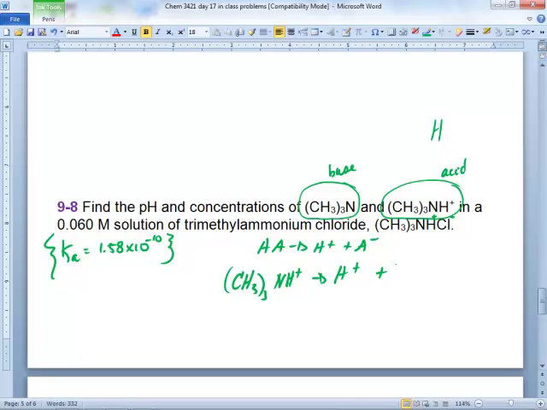There'll be no charge on it, just like they said up here. It doesn't matter as long as the charges are balanced on either side. That's why you have a plus and a plus, correct? The H plus and the conjugate base.